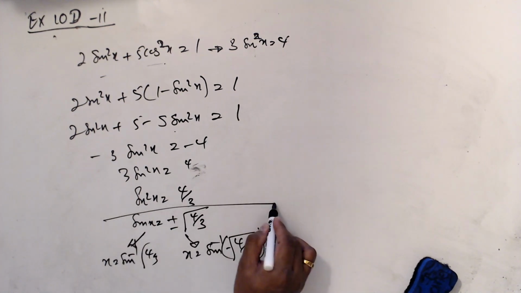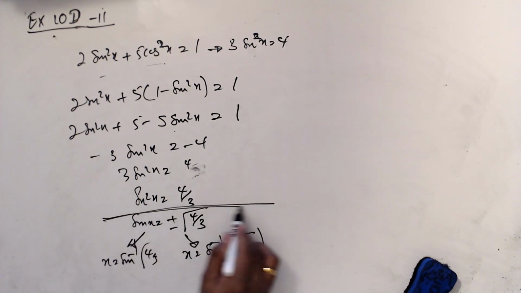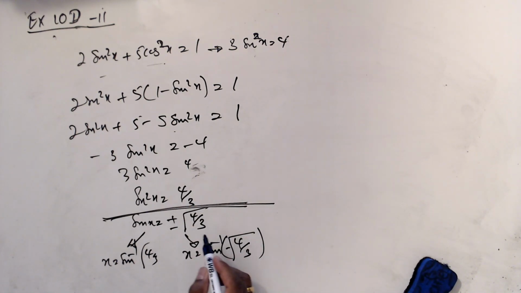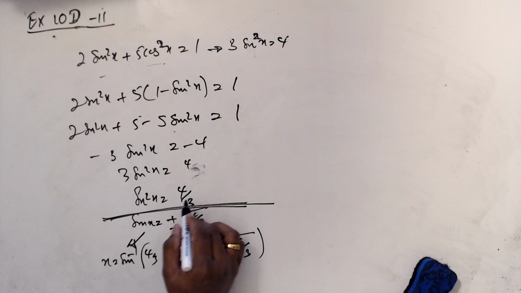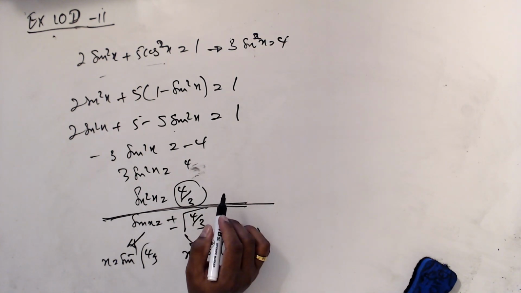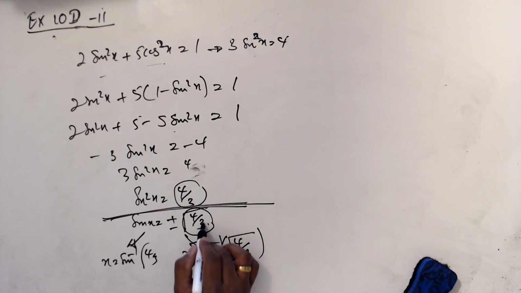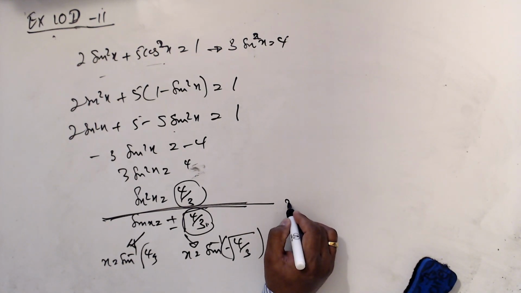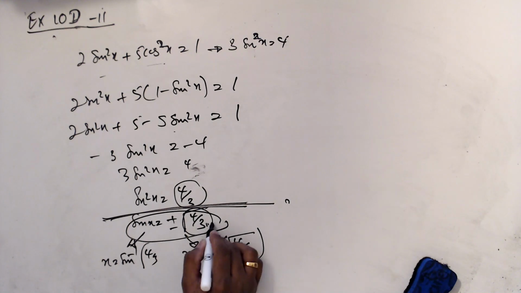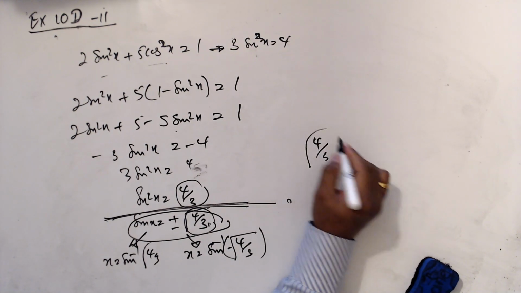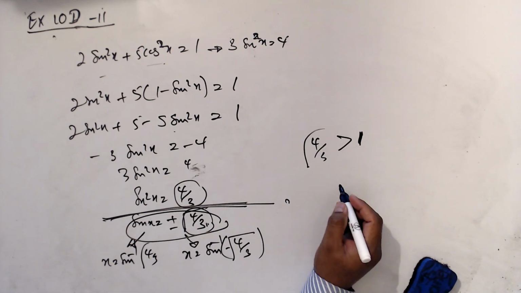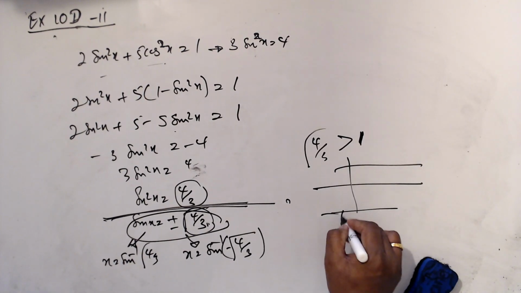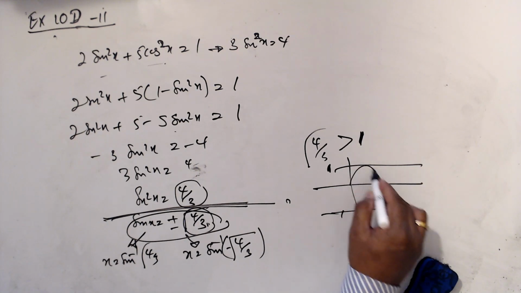Okay, I think I also missed my common sense we discussed initially. You have to be sensible with this answer. So square root 4 over 3 is greater than 1. So sine is bouncing in between minus 1 and plus 1.